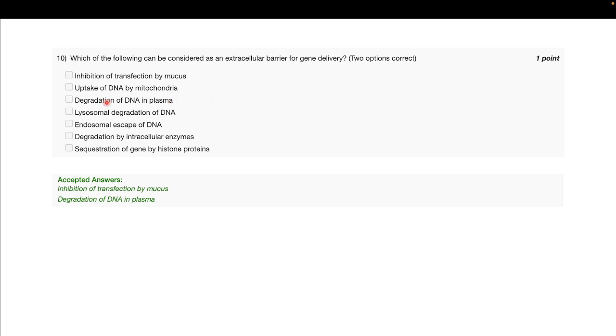And the next is degradation of DNA in plasma, which we already know because of the serum enzymes. This could be degraded. All the rest of the options are also barriers for gene delivery, but these are mostly intracellular barriers, like uptake of DNA by mitochondria, lysosomal degradation. This all is going to happen once your gene enters the particular cell. So I hope this is clear, and this was the last question for the assignment.